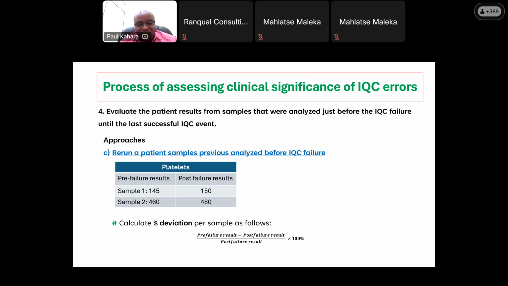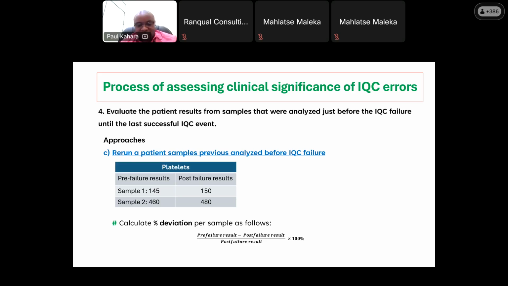So again, how do you know whether these results are different or not? You can go ahead and calculate your percentage deviation again, so that you take the results that you are getting before you recognize the IQC failure, subtract what you are getting now after you have recognized the IQC failure and troubleshot and corrected.